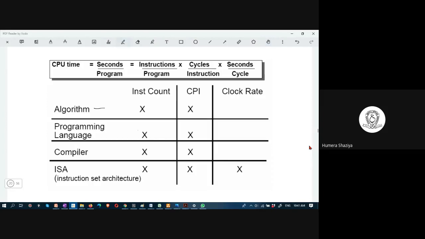Programming language also would have an effect on instruction count and CPI, and so would compilers. Instruction set architecture has these two as well as the third one, which is clock rate. Clock rate would be impacted only with respect to the instruction set. For other things, clock rate does not have a direct link.